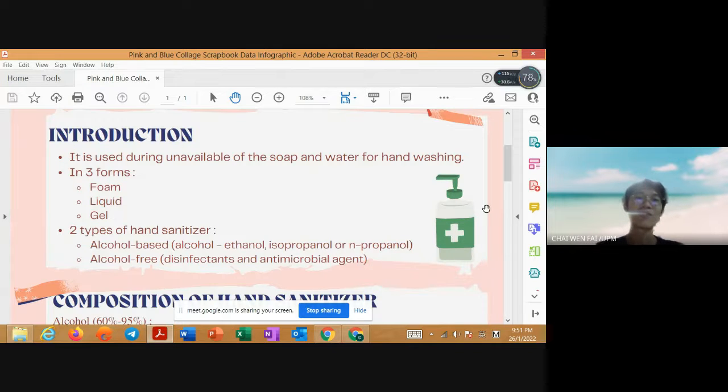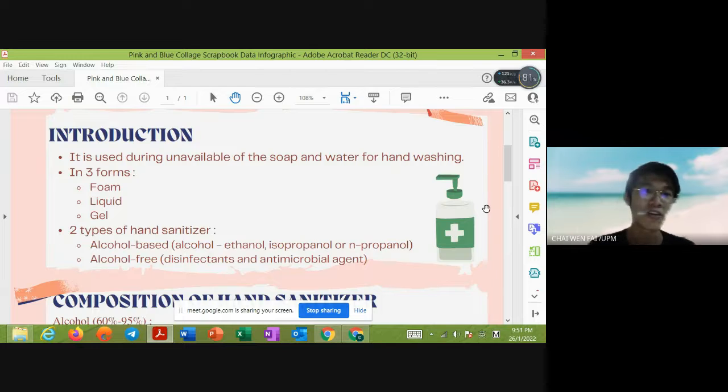When we don't have soap and water for washing the hands, we can replace it with hand sanitizer. Hand sanitizer comes in three forms: foam, liquid, and gel. It has two types: alcohol-based and alcohol-free. Alcohol-based is the hand sanitizer that has alcohol, such as ethanol, isopropanol, or N-propanol.